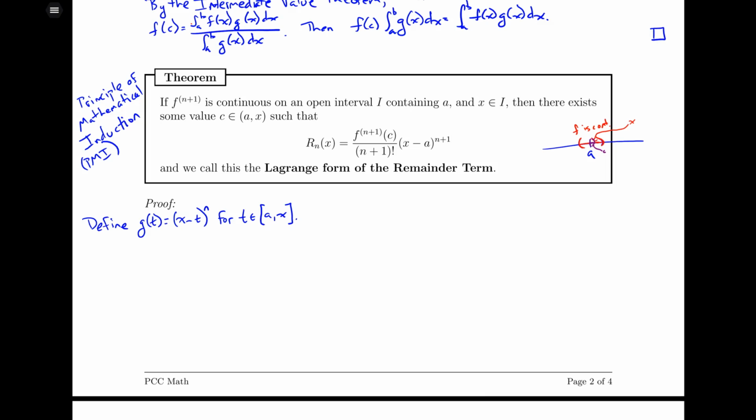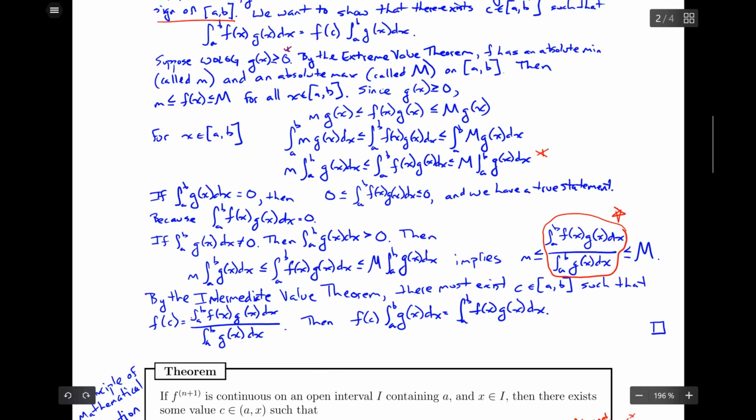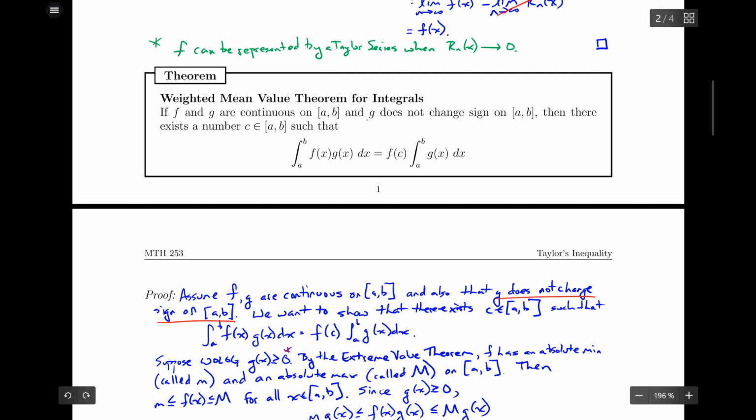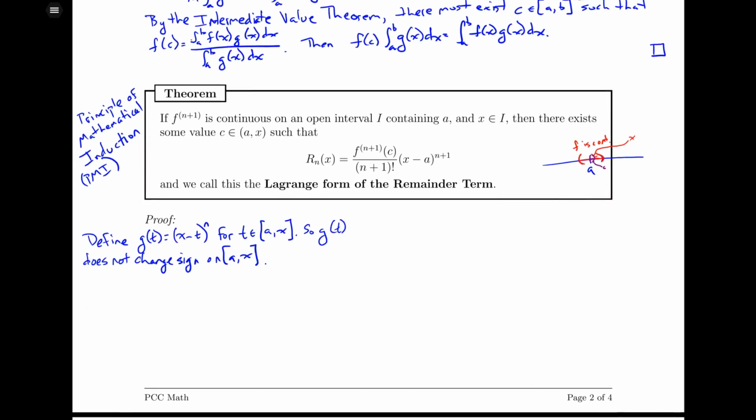So g of t does not change sign on the closed interval from a to x. This is important because for the weighted mean value theorem for integrals, we have to have a function g that doesn't change sign on the closed interval that we are considering. So g doesn't change sign on our particular interval, and we can use the weighted mean value theorem.